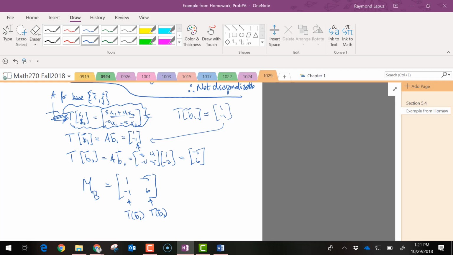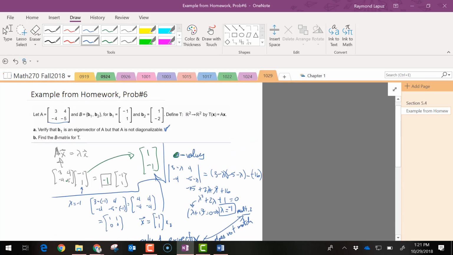The subscript C would be if you were to have a basis for the range. In this case, the range is in R2, and they didn't specify a basis for the range. So we could just use the I, J, or E1, E2 vectors, the standard basis.